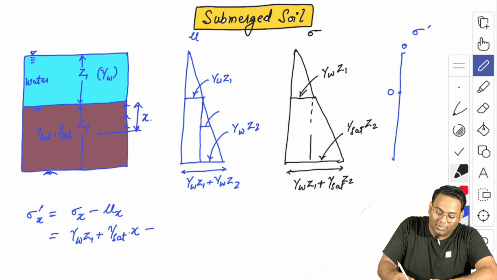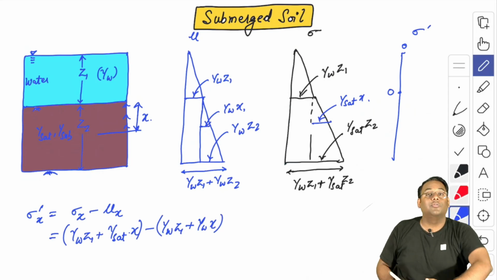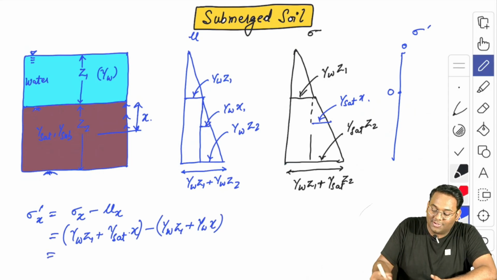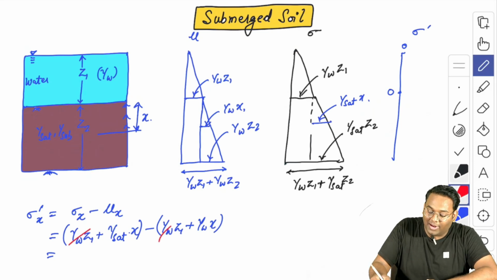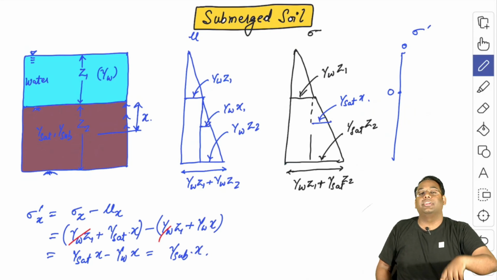Up to this level, the increase will be gamma W into Z1, and then here it will be gamma saturated into x. So what will be the pore water pressure here? That will be gamma W into Z1 plus gamma W into x. If you take the difference of these two, this term will cancel out. The remaining term will be gamma saturated into x minus gamma W into x, and that is gamma submerged into x.